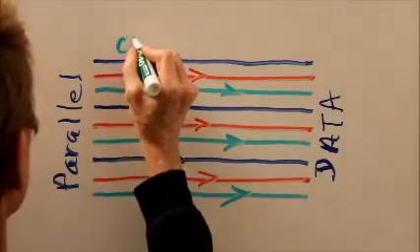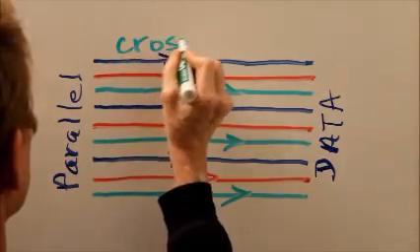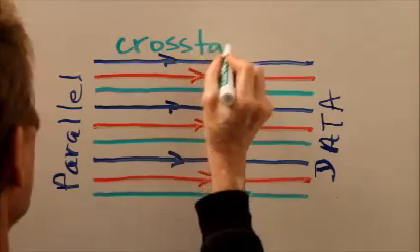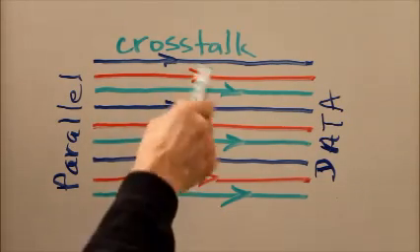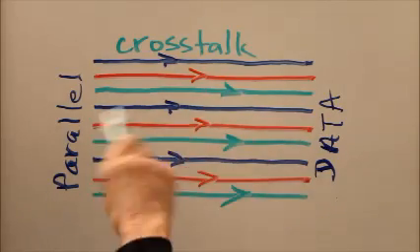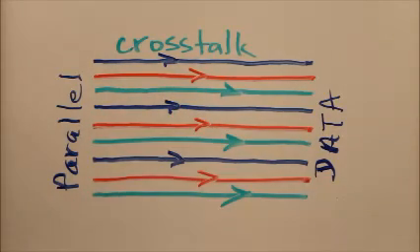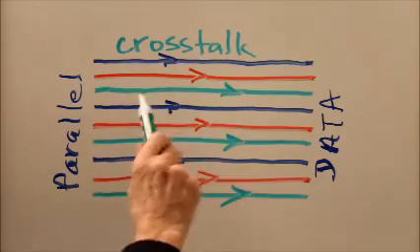Crosstalk. What is crosstalk? Well, in a parallel data cable, I've color-coded them a little bit so as to separate them out, but really there are 9 different wires here, and there are 9 different signals, presumably one traveling along each wire, and they're in close proximity.